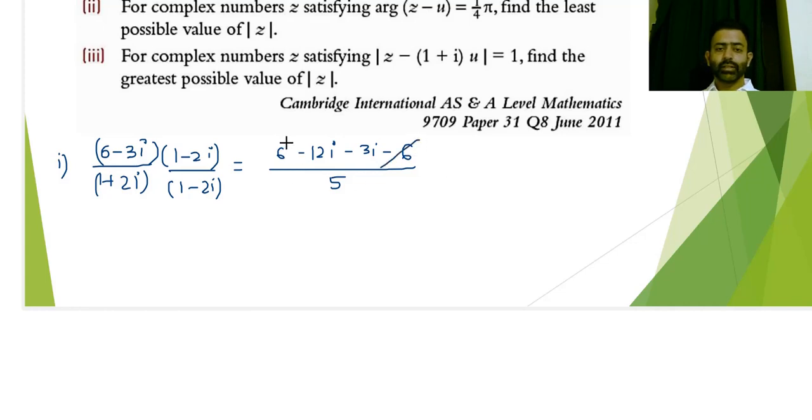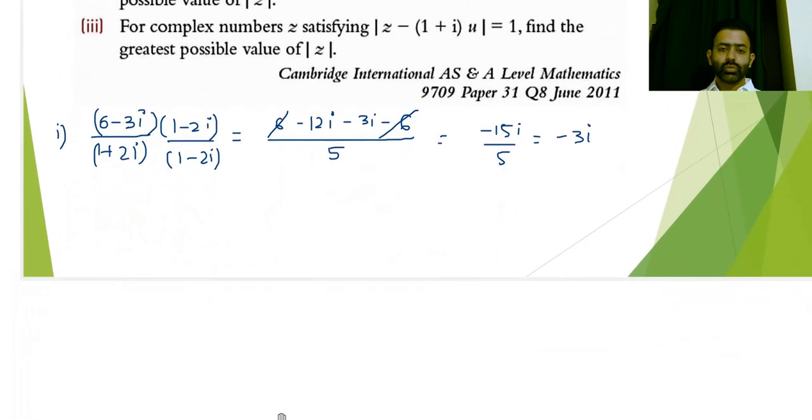Okay, this 6 gets cancelled with this 6, so you get minus 15i over 5, which is minus 3 times i. Right, so you have been given u, the complex number u, as minus 3i only.